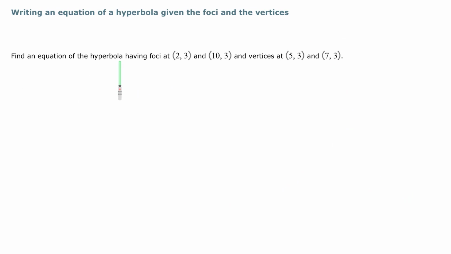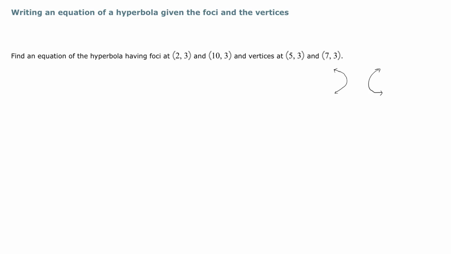Find an equation of a hyperbola having foci at (2, 3) and (10, 3), and vertices at (5, 3) and (7, 3). This is a hyperbola opening left and right. So I'm going to draw a quick sketch of that. I don't really need to be very accurate. I just need to give myself some intuition.